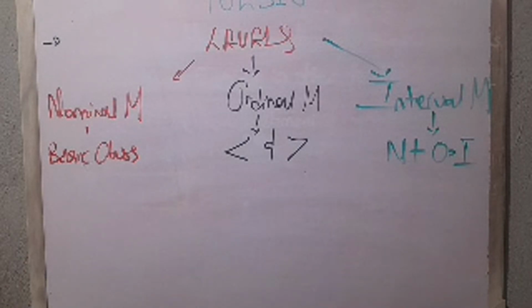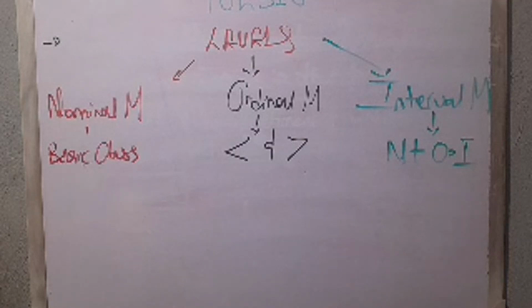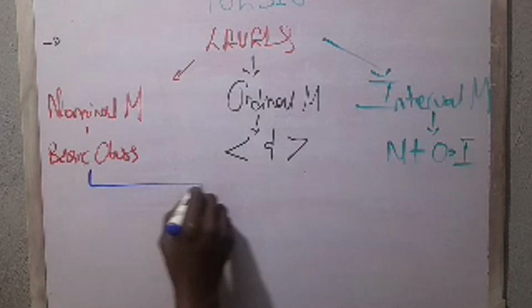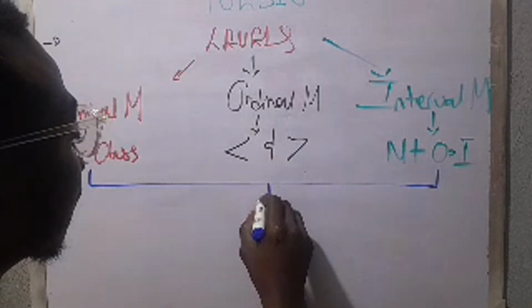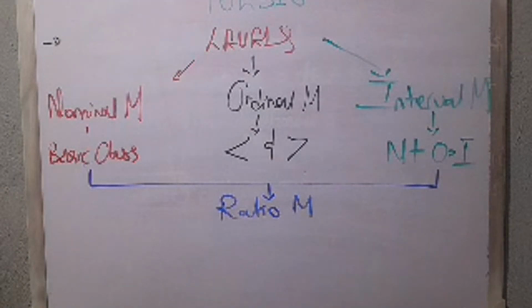We also have the ratio measurement. The ratio measurement has the properties of the highest level of measurement in terms of precision.